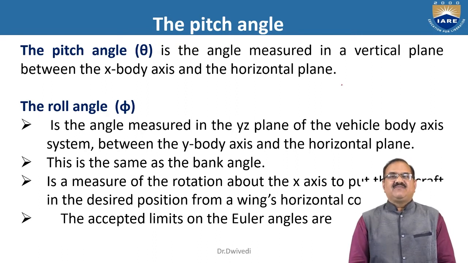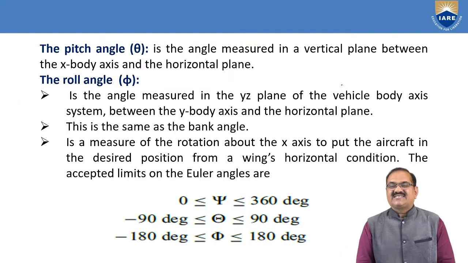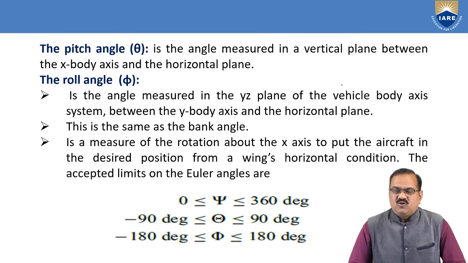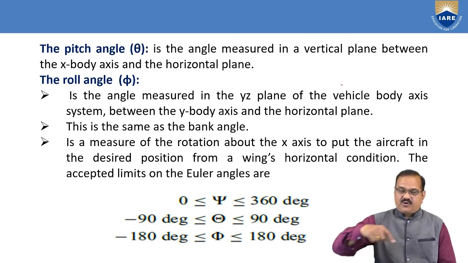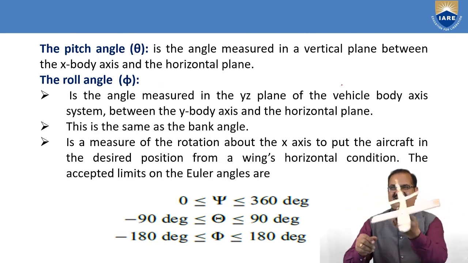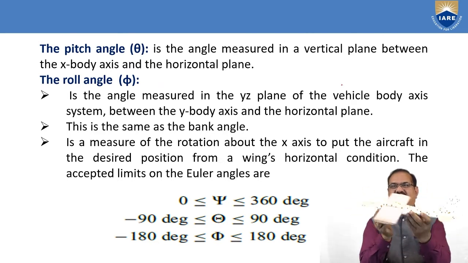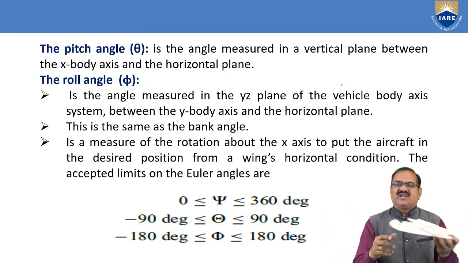The accepted limits of the Euler's angles are, here you can see, these are the accepted angles. Psi means yaw angle, it can rotate fully. You can see here, full rotation. Yaw can rotate in all directions, 0 to 360.